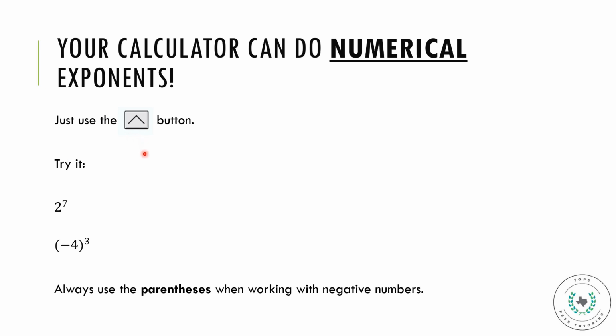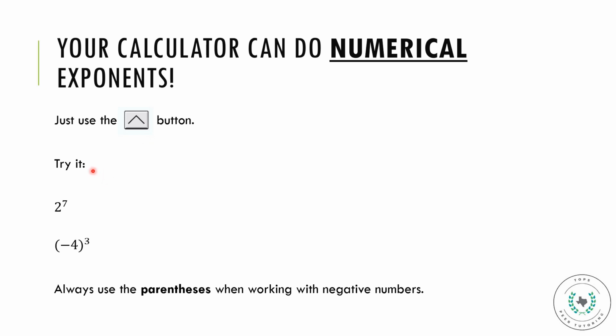If you have a calculator that is using your keyboard, you should be able to make this sign by pressing Shift and then 6. If you have a computer keyboard in front of you, you should be able to see the sign on that keyboard. If you have a TI calculator or handheld calculator on hand that has this sign, that's what you want to press to get the exponents.